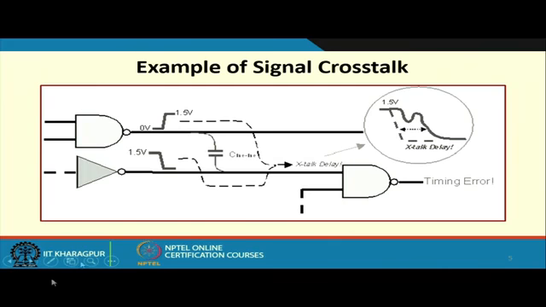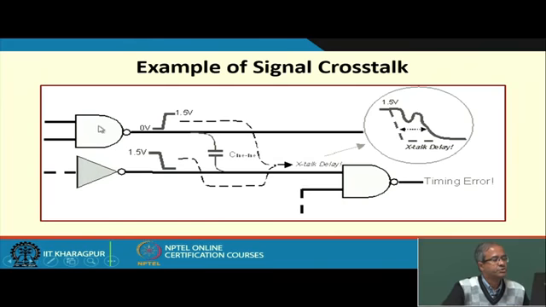So, let us take an example here. Here we show some gates where some signal transitions are taking place at the output of these gates. The second gate transition is happening, this gate is transiting a little later than this transition. Because these two interconnection lines are running parallel to each other and quite close, let us say, there will be a capacitive coupling.